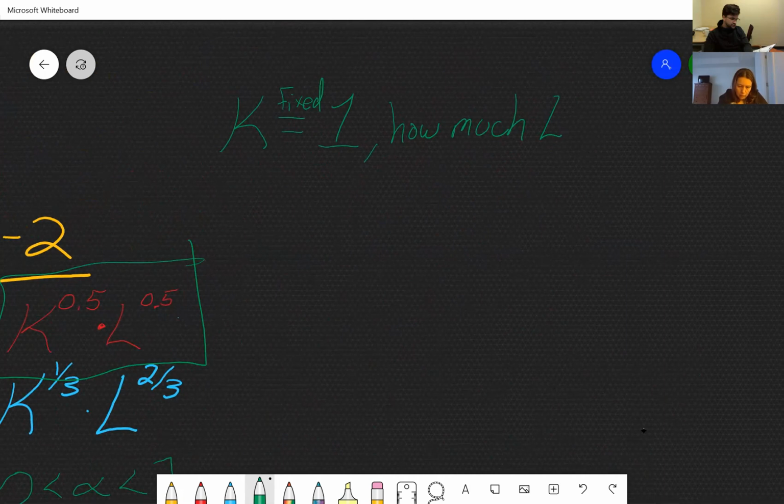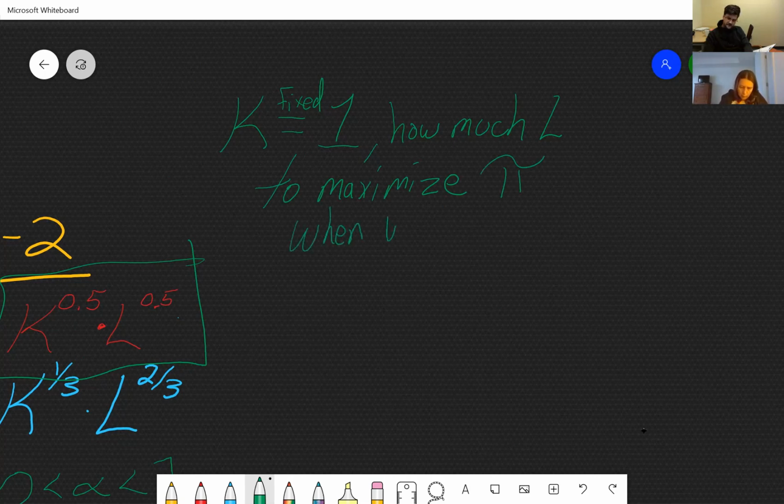So it's essentially, choose L to maximize the profits, and remember we use that pi symbol for profits, when the wage rate is $2. And so this is a very important piece of information, right?